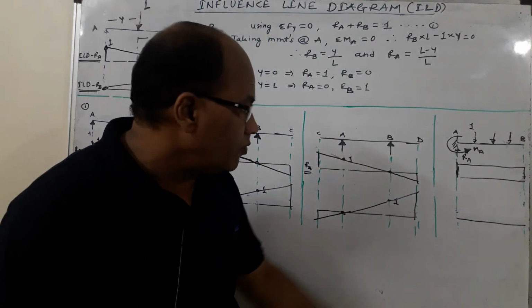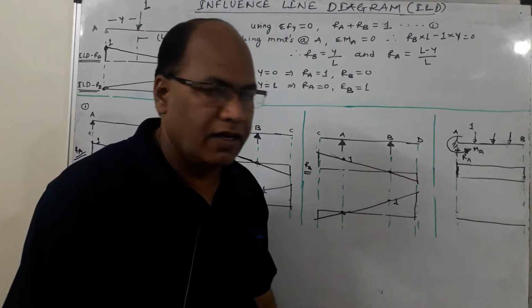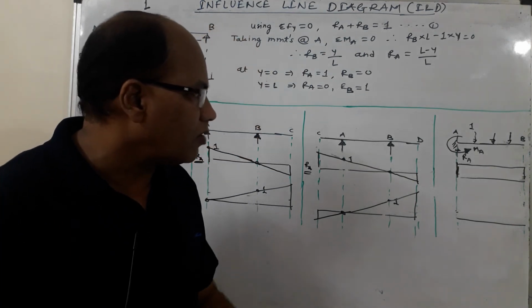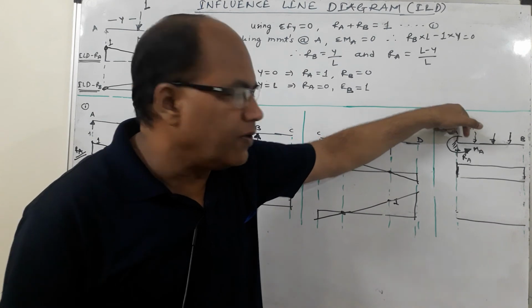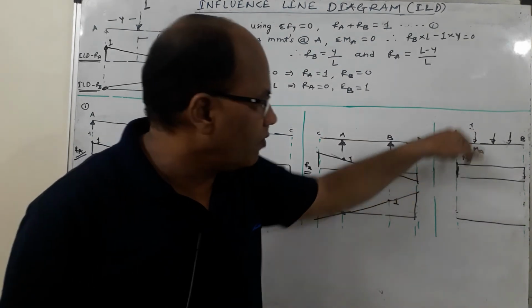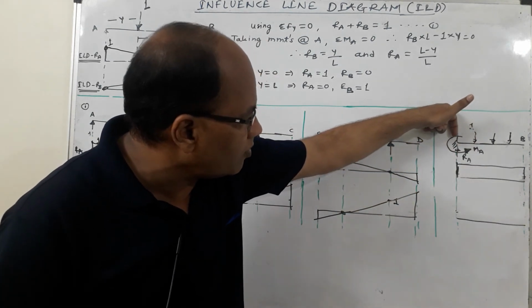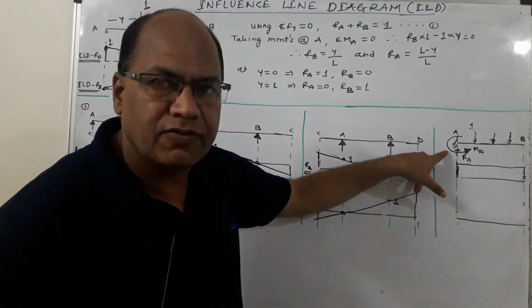Whereas when you want to draw ILD for Ma, we have to take into account the position of the load. When the load is closer to A, the fixed end moment will be lesser. When the load is exactly on the support A, Ma will be 0.